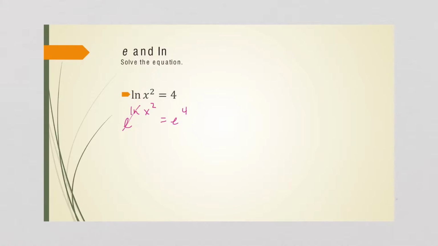I'm going to cancel these, and I end up with x squared equals e to the 4th. If I square root both sides, I get x equals plus or minus e squared, which would be 7.389 and negative 7.389.